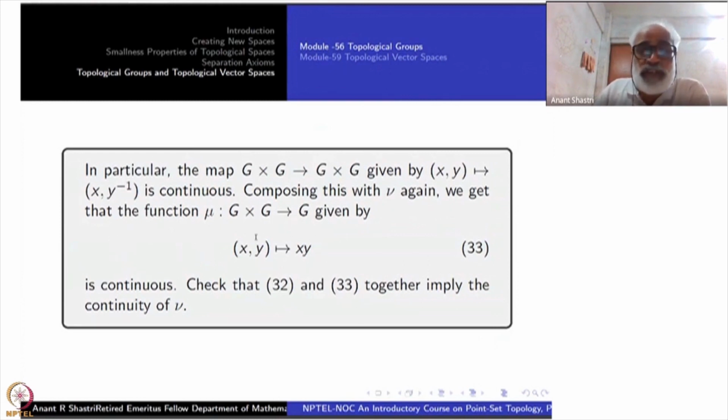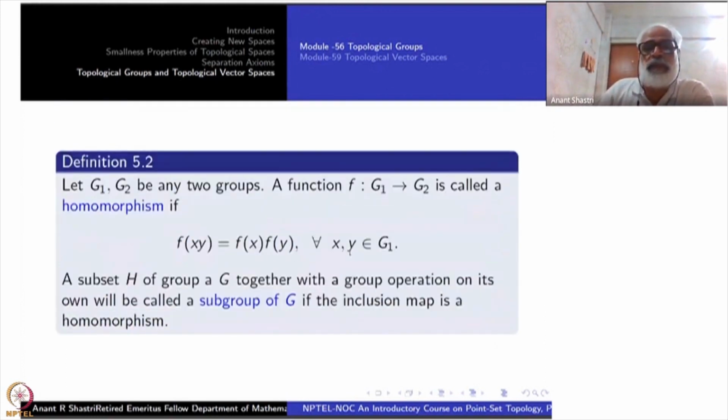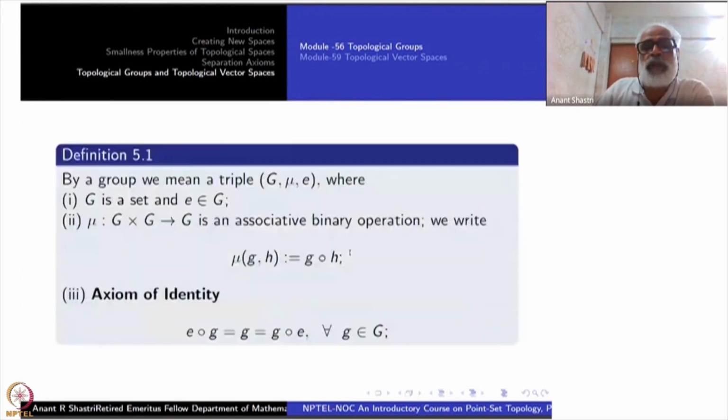So this is actually the multiplication map mu, which we started with. That will also be continuous. So in one single go, by taking this definition, namely (x, y) going to x y inverse, we have made taking the inverse of an element, and also (x, y) going to xy, both of them continuous.